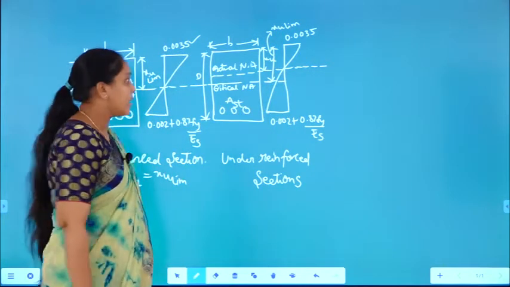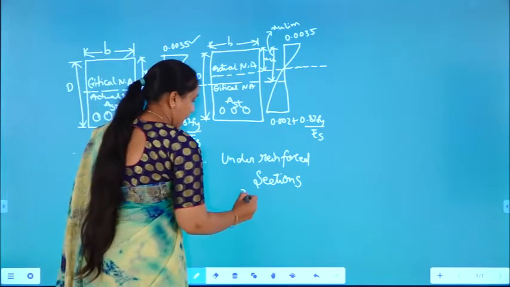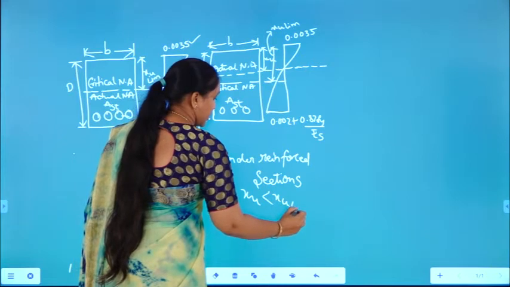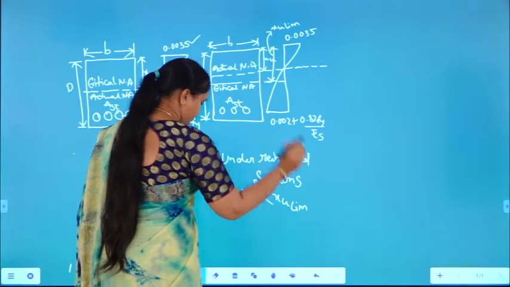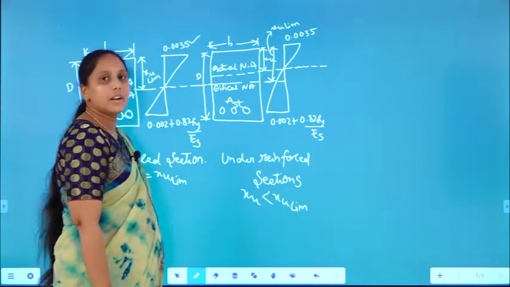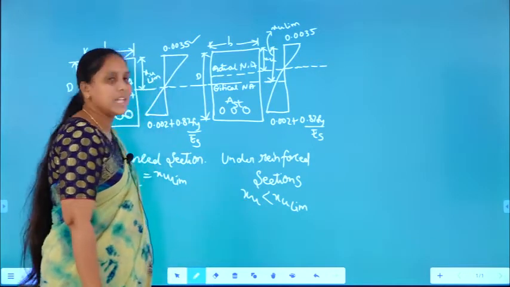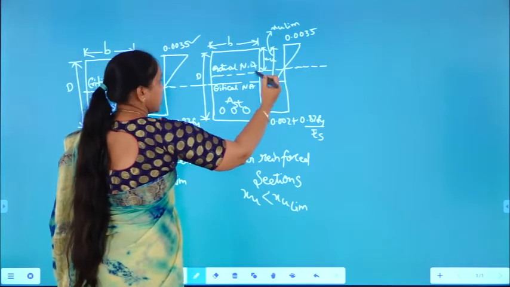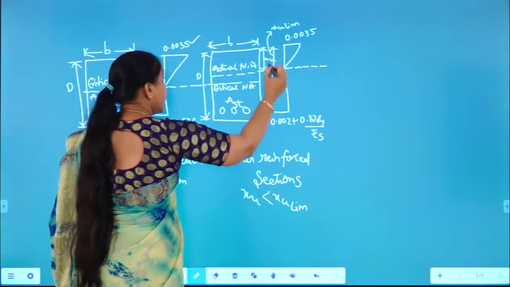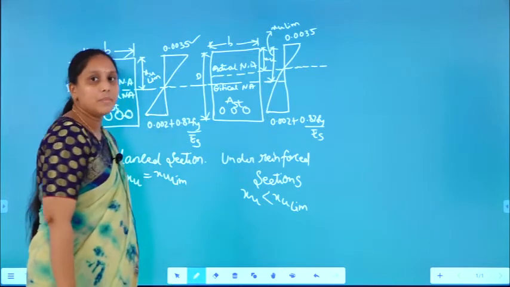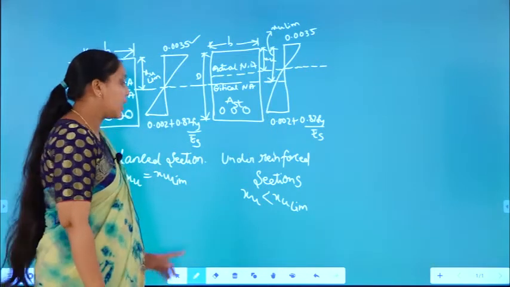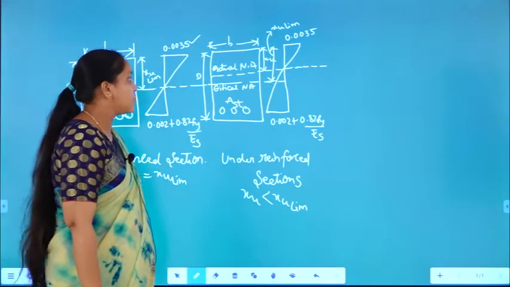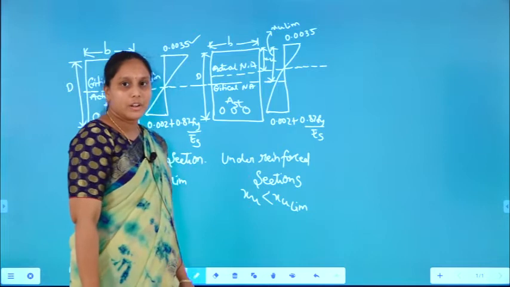So, for an under reinforced section, XU is less than XU limit. You can see that the actual neutral axis is shifting upwards and it is less than the XU limit, that is the balanced or the critical neutral axis. So, if XU is less than XU limit, then such a type of section is called an under reinforced section.